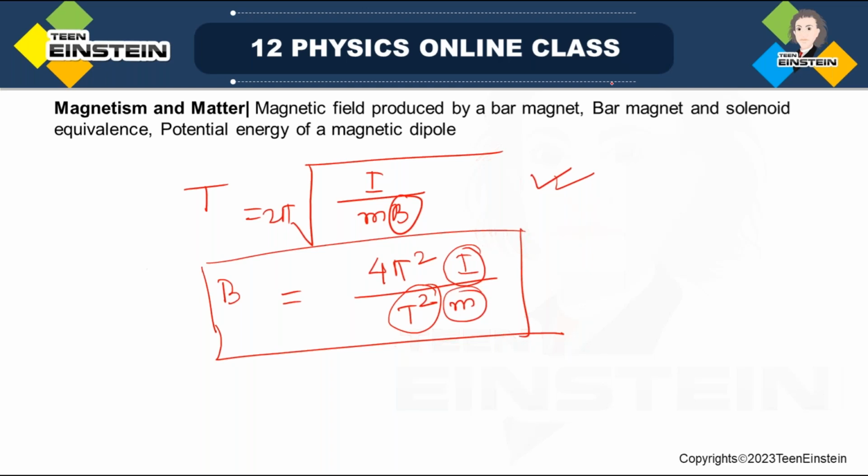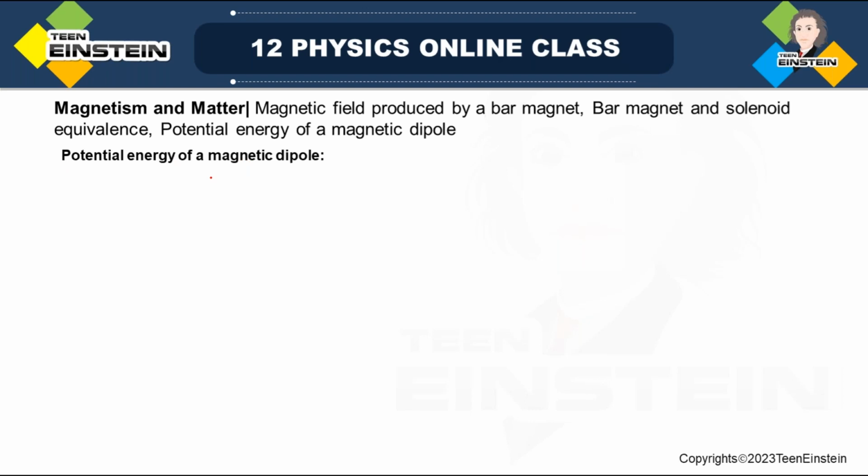Now the potential energy of a magnetic dipole, similar to the electric dipole itself. We know the potential energy is given by the work done, integral of tau d theta, where tau is mB sin theta.